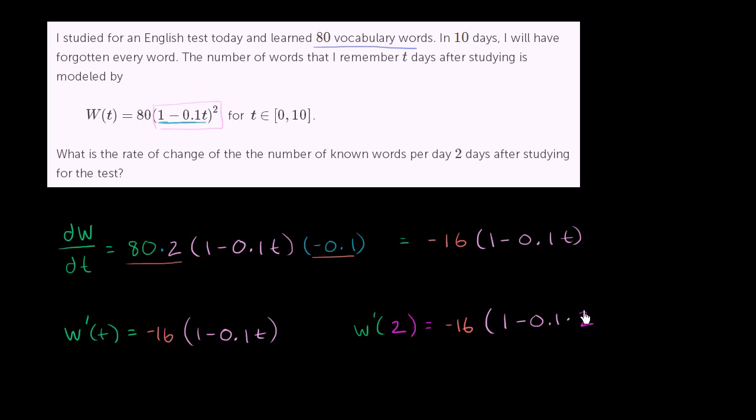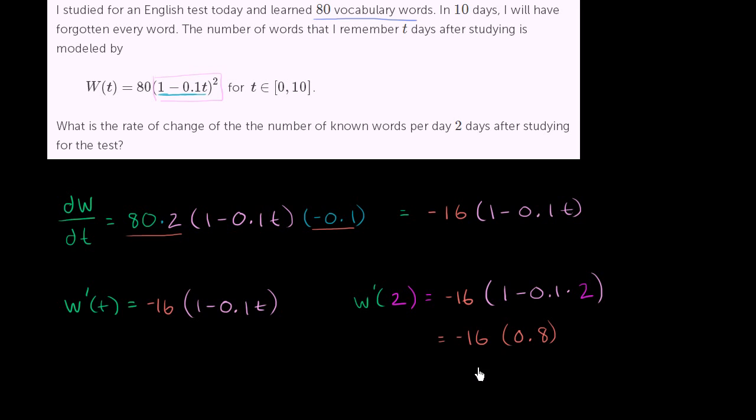This is 1 minus 0.2, which is 0.8. So this is equal to negative 16 times 0.8.